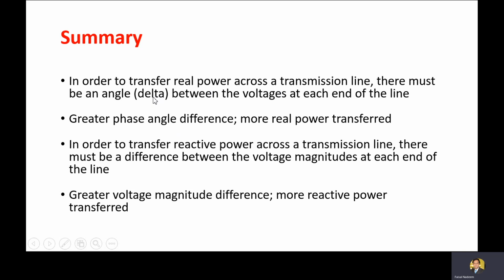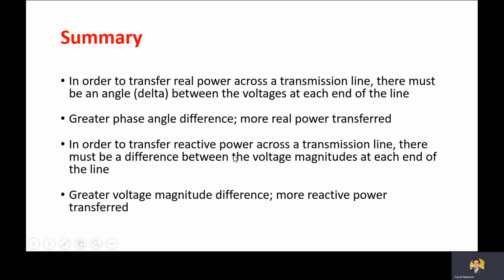There must be an angle delta between the voltages at each end of the line, and the greater the phase angle difference, the more real power will be transferred, but this phase angle difference should not exceed 90 degrees. However, practically the value of this phase angle delta is not that high. It is kept to a low value. This is due to stability issues in the power system.